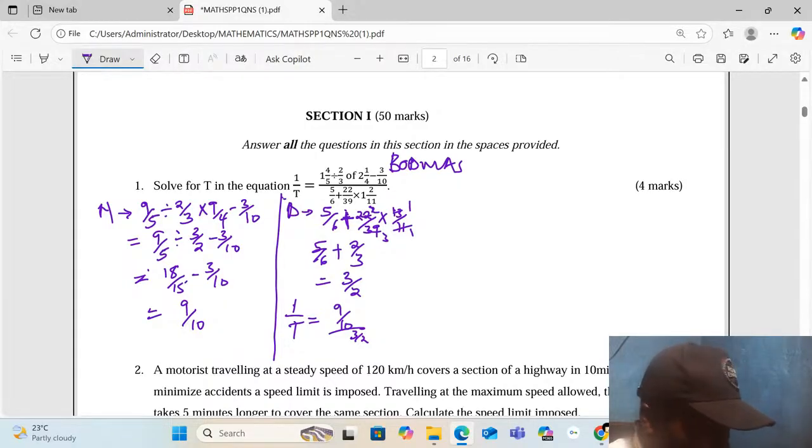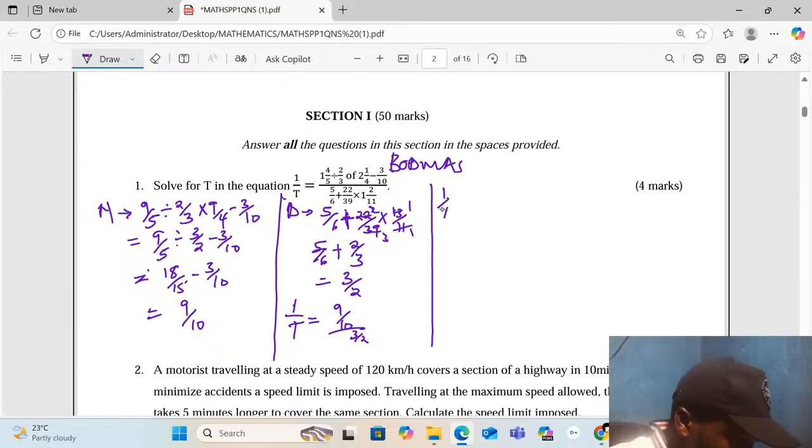So we remove the denominator by multiplying by the reciprocal of the denominator. So 1 over t is equal to 9 over 10 times 2 over 3. So 1 over t gives us 18 over 30.